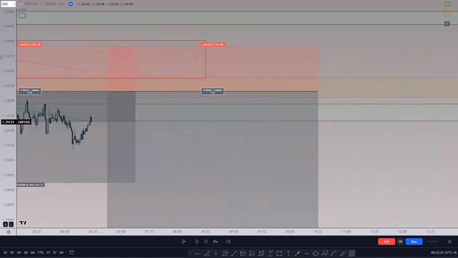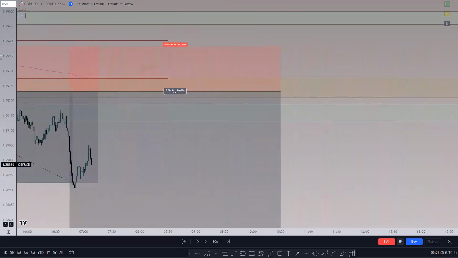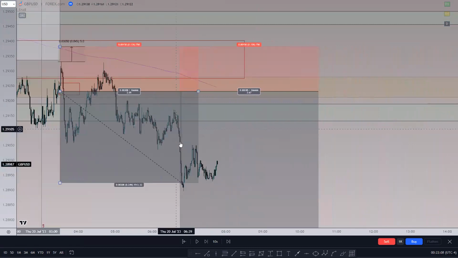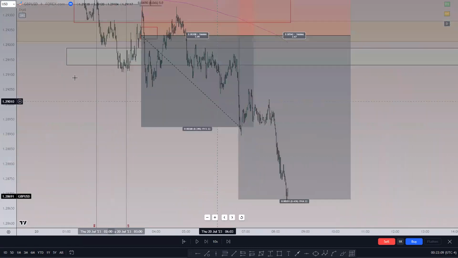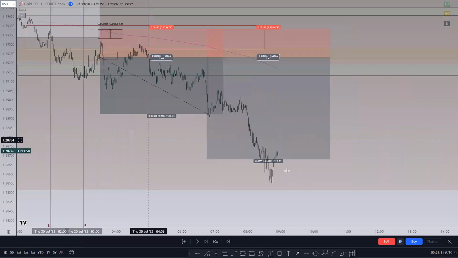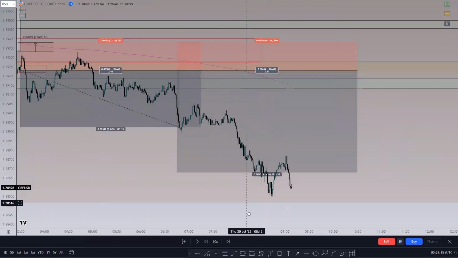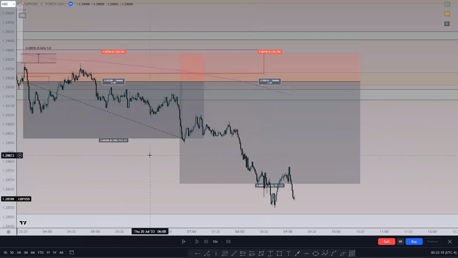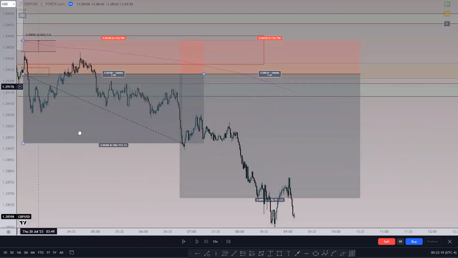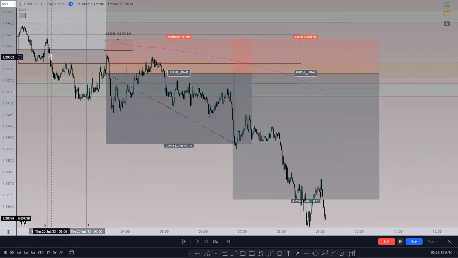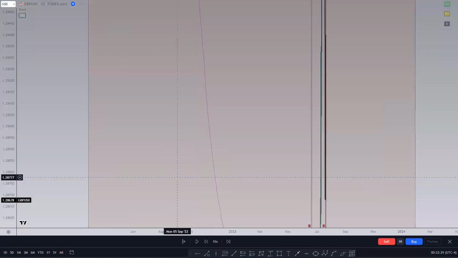And then eventually it gave a continuation to the downside, hitting that first target at the intermediate low, and eventually proceeding to hit that secondary target at the H4 SST, completing the trade. So Thursday was a successful BRC opportunity where price broke below the bearish order block, retested the order block, and then proceeded to give a bearish continuation to the downside.